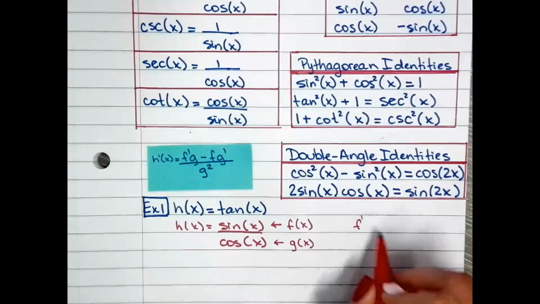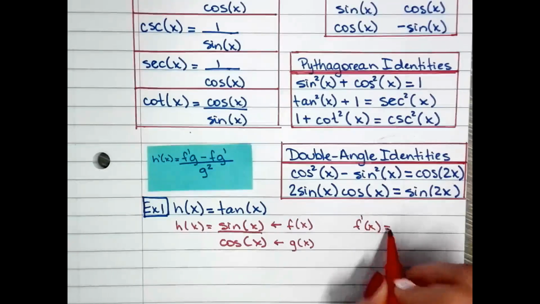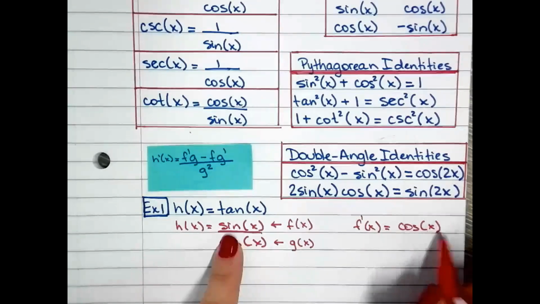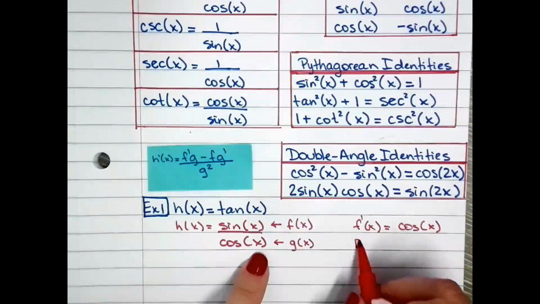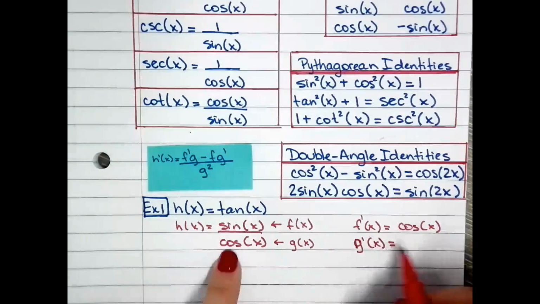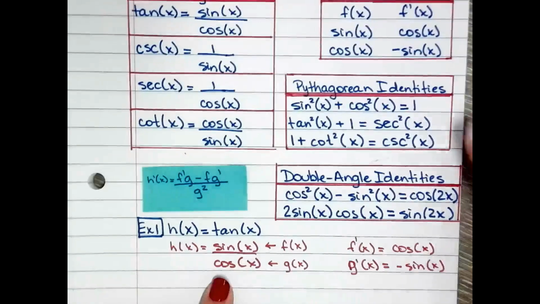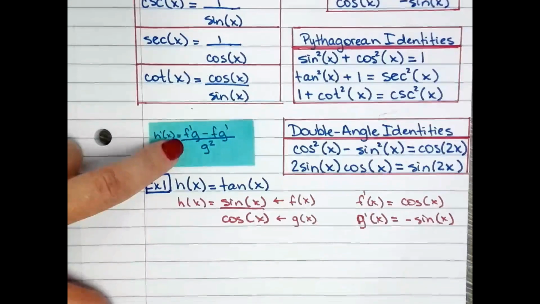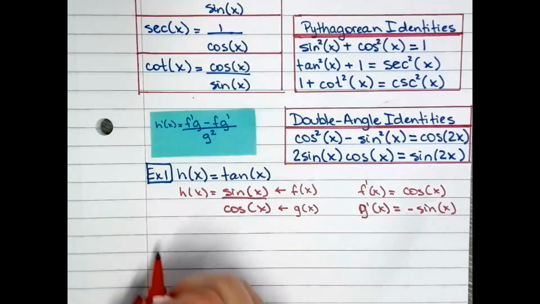Now we also know f prime of x, the derivative of sine, is cosine, and the derivative of cosine is negative sine. I know that because of my cheat sheet right there on top.